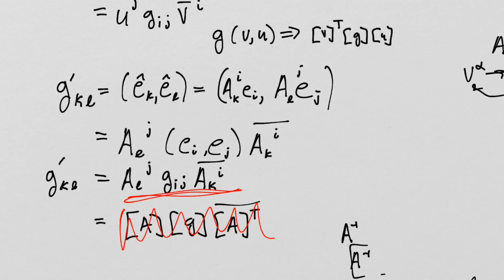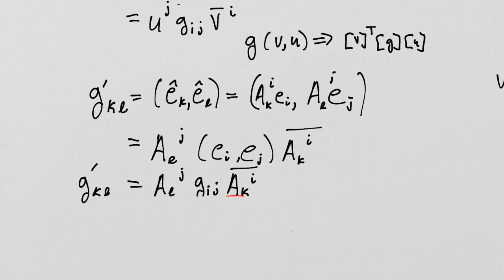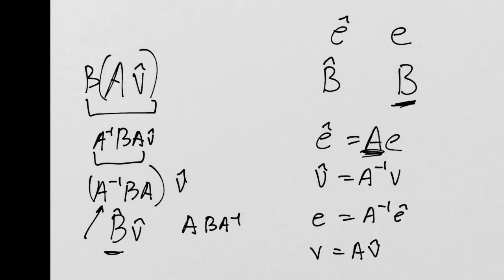But when I say the same A, what I mean is it could be the same basis transformation. But the way that basis transformation affects the metric is using a totally different formula. It's using this formula, which involves conjugate transpose. There's no conjugate transpose here, right?